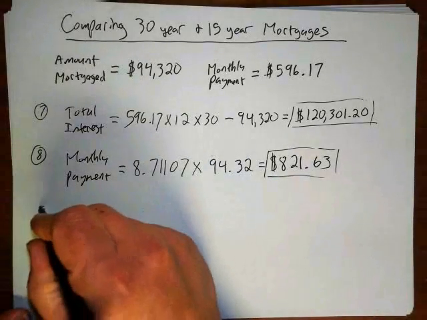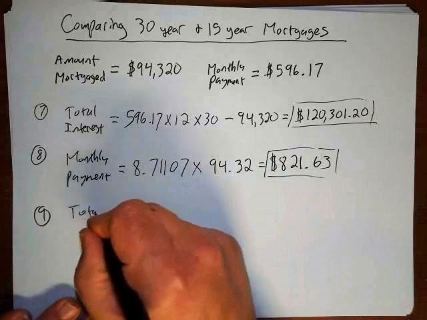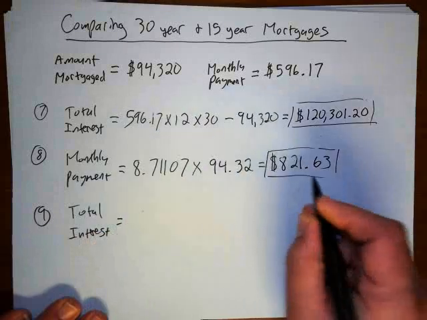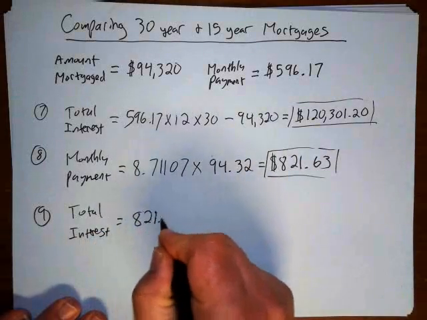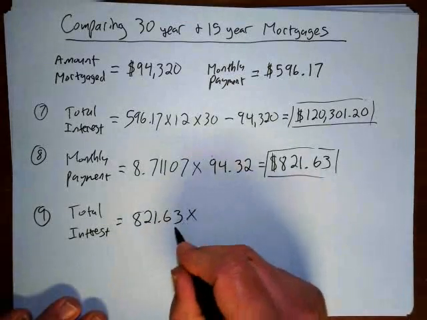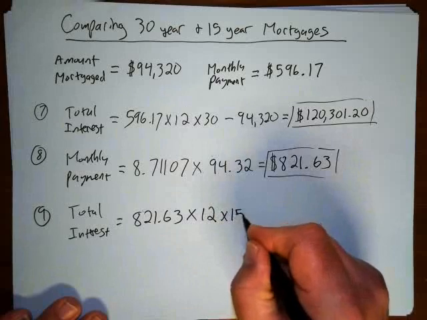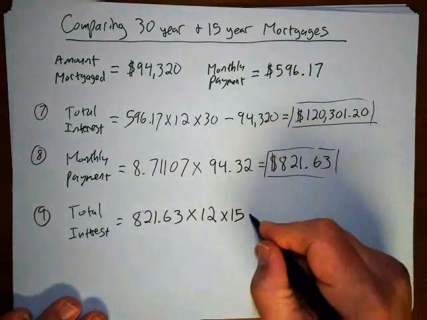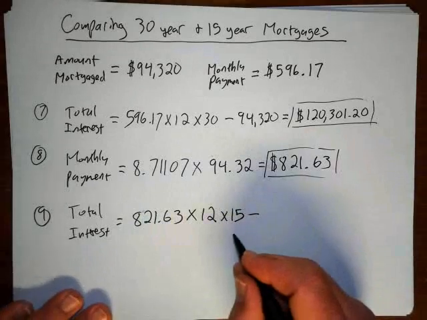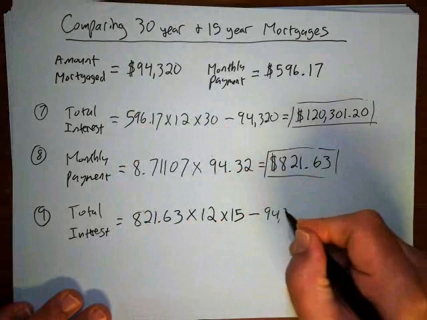And so now the 9th question here asks you, what is the total interest for the 15-year loan? So now I'm going to take this monthly payment, and then I'm going to multiply that. I paid that much per month, 12 months a year for 15 years. And so that'll be the total amount that I pay on the loan, and this is the amount I borrow, so the difference will be the interest.